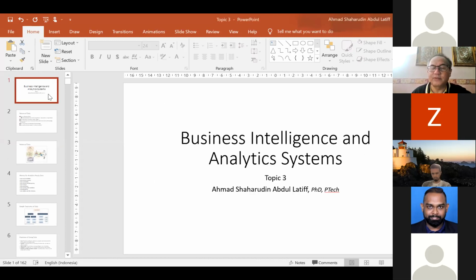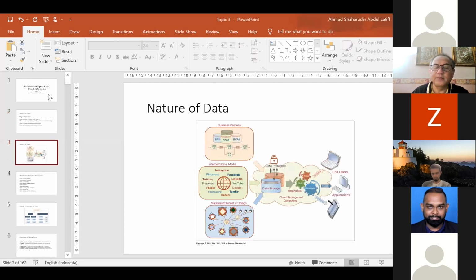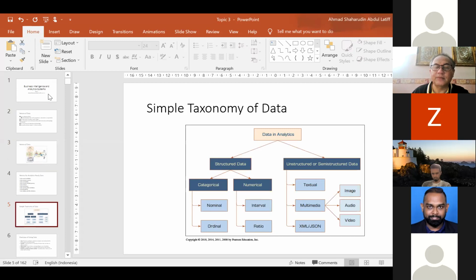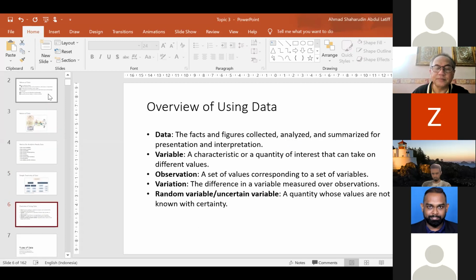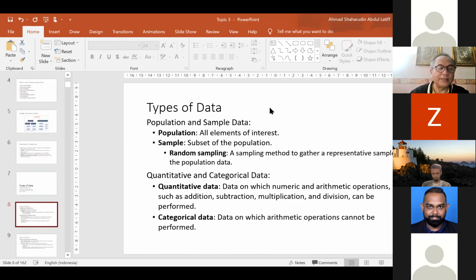Some of the components of this slide are the matrix of data, a simple taxonomy. This is an overview: what is data? Variable, observation, the variation between decision variable and random variable, types of data.